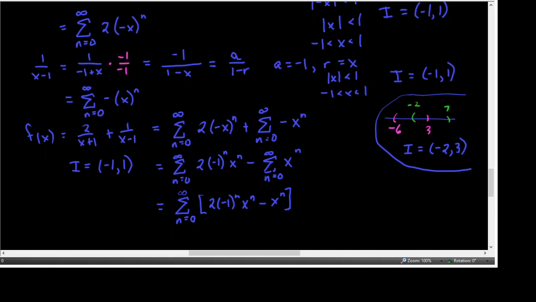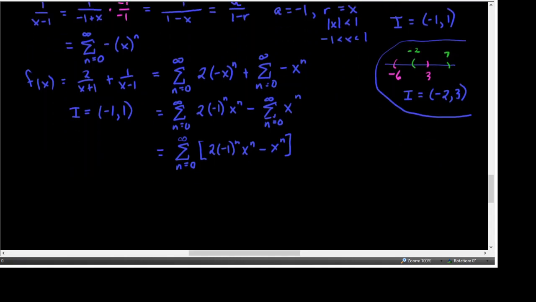Then we can factor out the x to the nth behind, because that's a common factor. That would leave 2, oops, forgot to write the 2, negative 1 to the nth minus 1 multiplied by the common factor x to the nth.